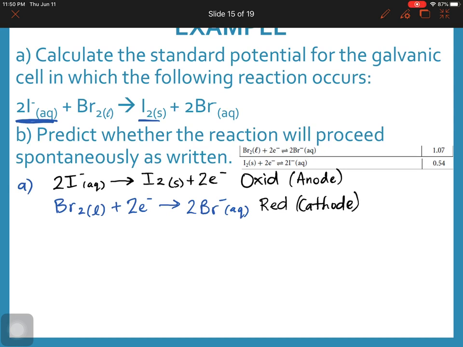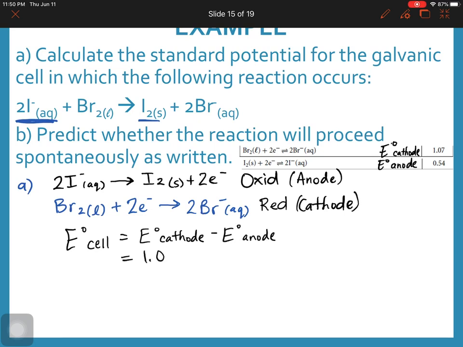So this is the E of the cathode, and then that's the standard reduction potential of the anode. So to calculate the reduction potential of the cell, we have the reduction potential of the cathode minus the reduction potential of the anode.